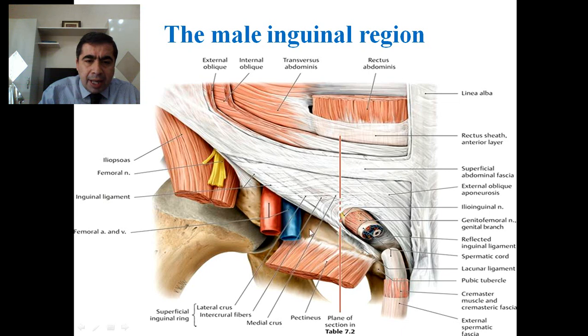The gap between the underlying bone and the inguinal ligament is here. You are looking at the femoral artery and the femoral vein, and on the lateral side, the iliopsoas muscle and the femoral nerve. This is the space under the inguinal ligament.